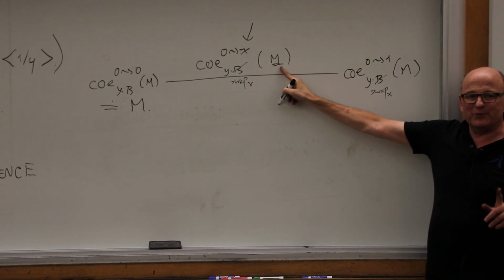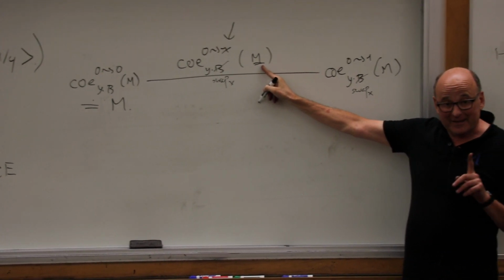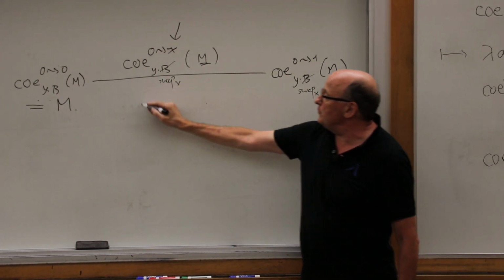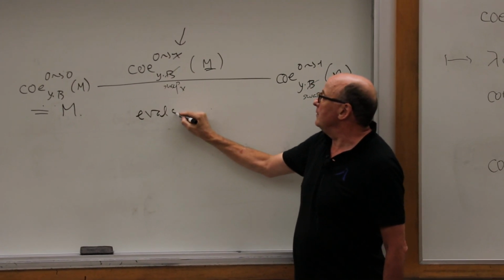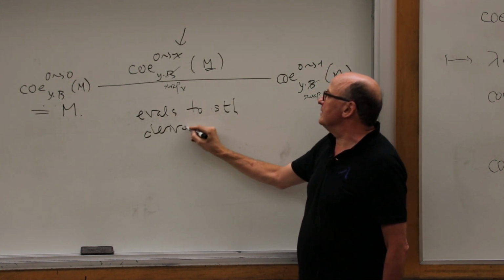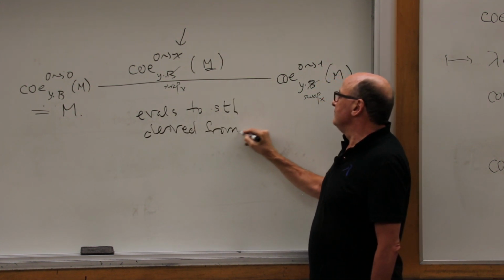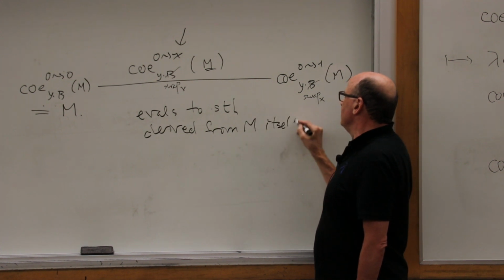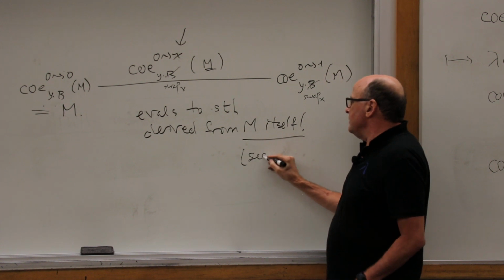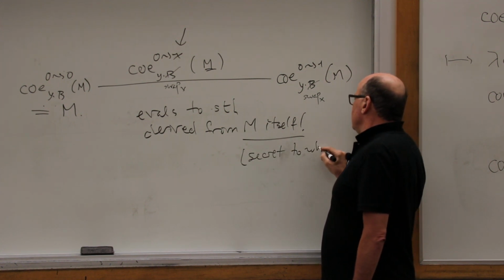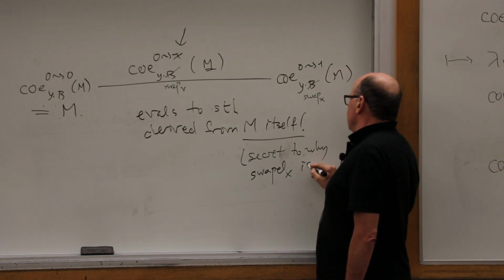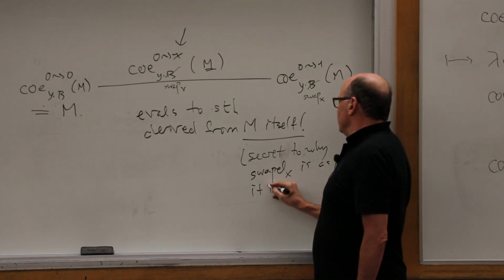This may be too tricky to catch on the fly, but the very important point here is that in order to compute the COE from 0 to x, it evaluates to something derived from m itself. That's the secret to why swap L is defined as it is. And I'll say no more.